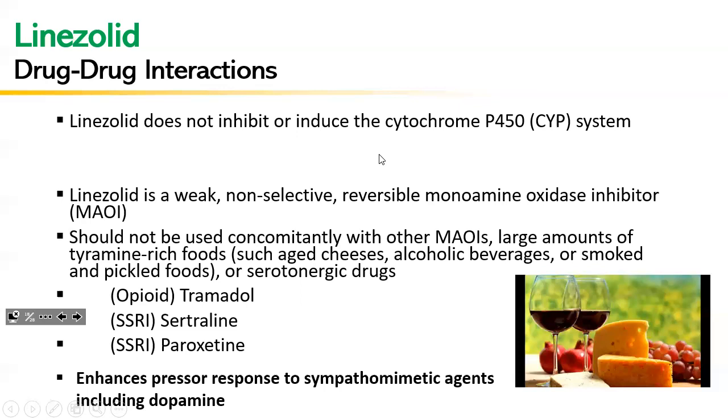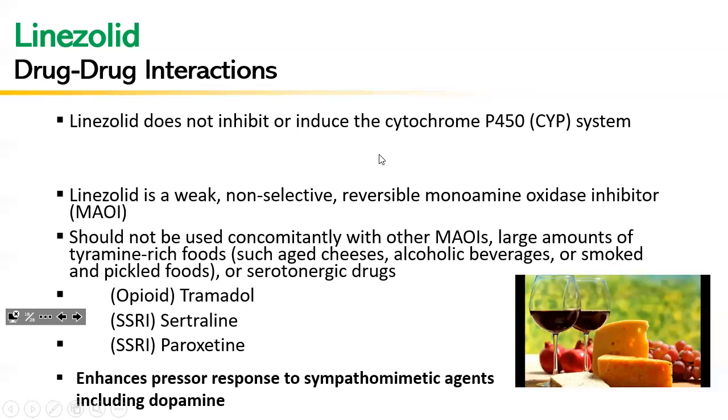Patients should not use tramadol with linezolid, it's totally contraindicated. Also, patients using SSRIs to treat depression. All the SSRIs generally are contraindicated. I'm just bringing those two as an example for you. So sertraline or paroxetine should not be used in patients receiving linezolid. Or if a patient is maintained on those agents, better to avoid linezolid and pick another agent that covers the gram-positive.